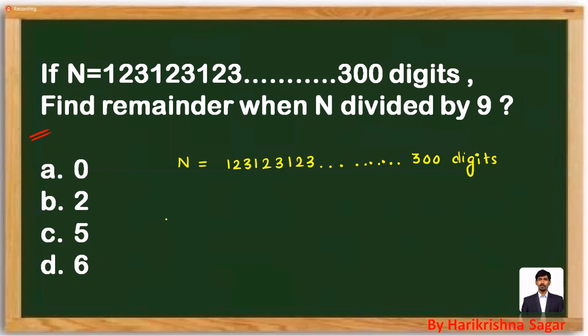The question here is, when N is divided by 9, what is the remainder?